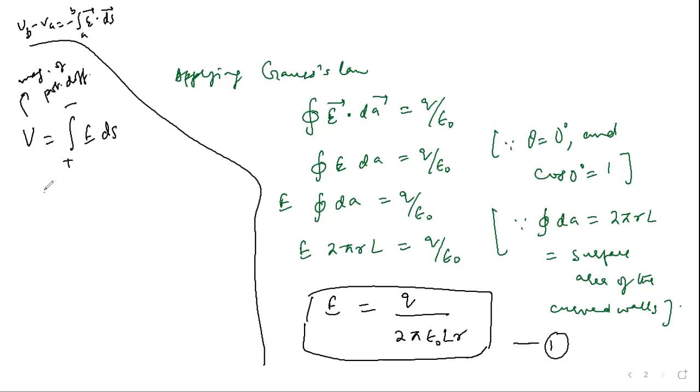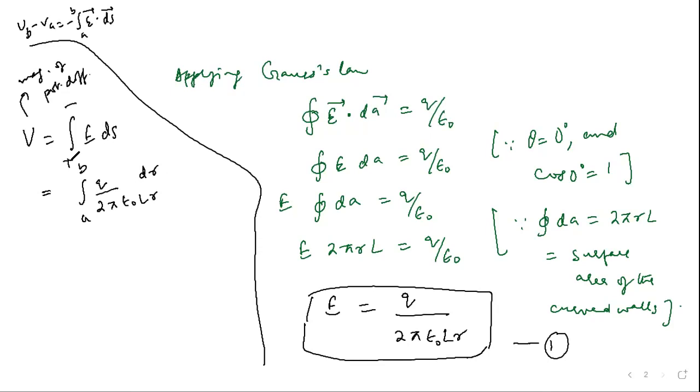Substitute the value of E, which is q by 2 pi epsilon naught L r. Now ds is dr. On the r, limits will be a to b, because at the surface of the first cylinder r is a, and we move to the surface of the second cylindrical shell, the second plate of the capacitor, where r is b.